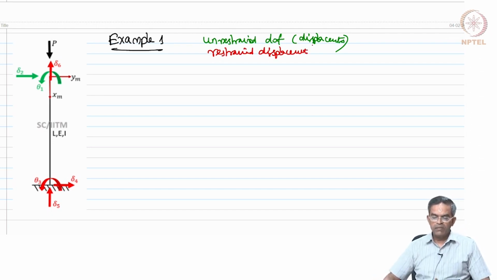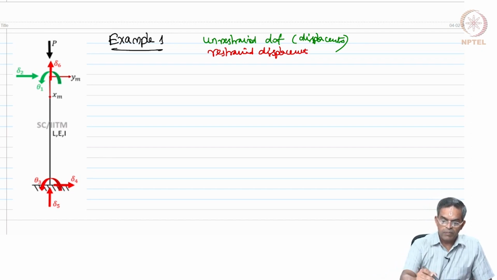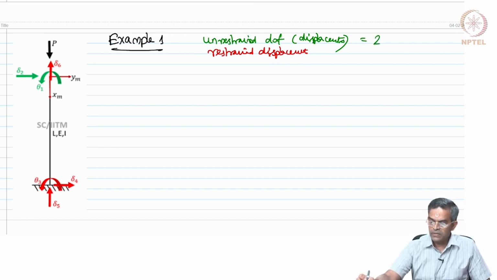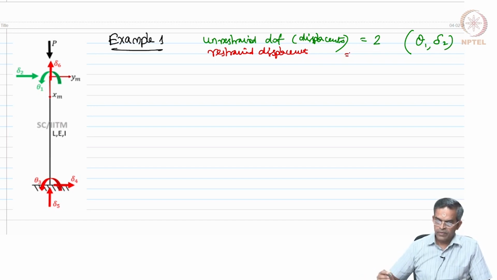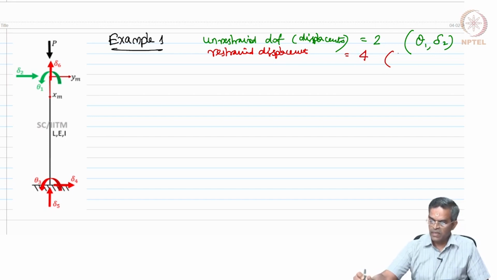So, now we can see very well here, this particular problem has got two unrestrained degrees of displacements, that is theta 1 and del 2, and this has got 4 restrained degrees, namely theta 3, del 4, del 5 and 6.